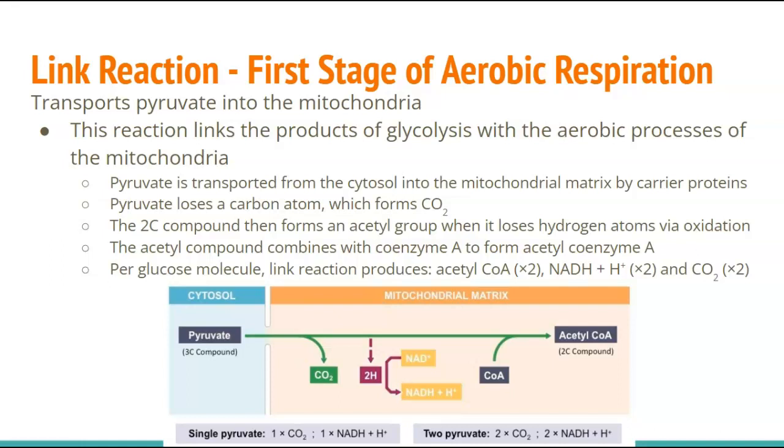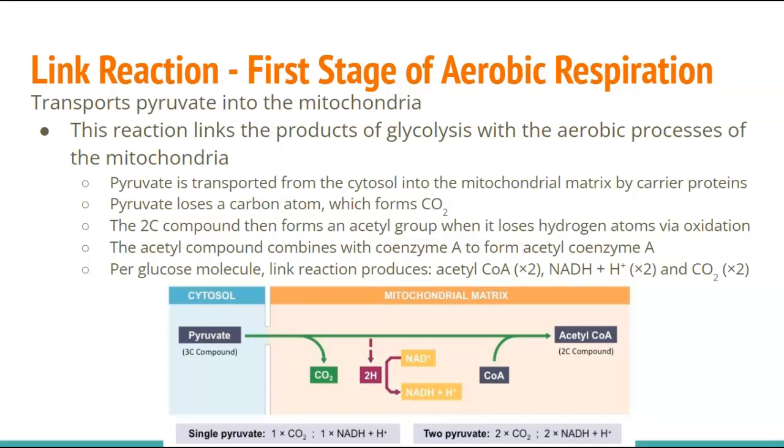So the pyruvate is transported into the mitochondrial matrix. The pyruvate loses a carbon atom, so you have CO2 forming, and the 2C compound, right? Because when you have pyruvate, it's a 3C compound. Glucose was 6C.